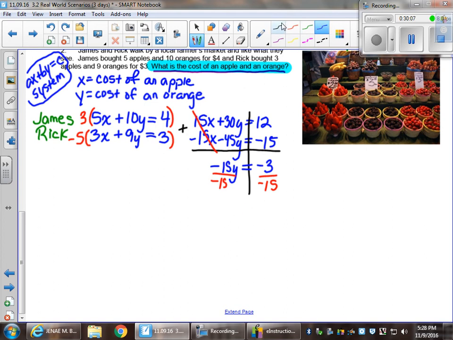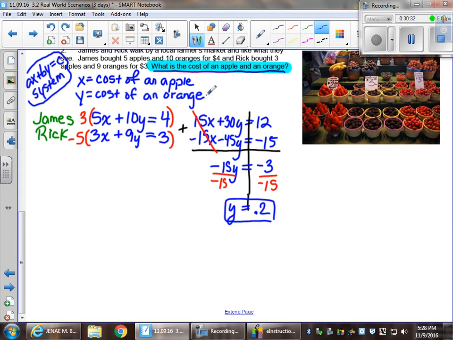And if you want, you could deal with the signs on your own. Know that a negative divided by a negative is a positive. So in your calculator, you could just work with 3 divided by 15. And we should get 0.2. We can then ask ourselves, well, what does this mean?